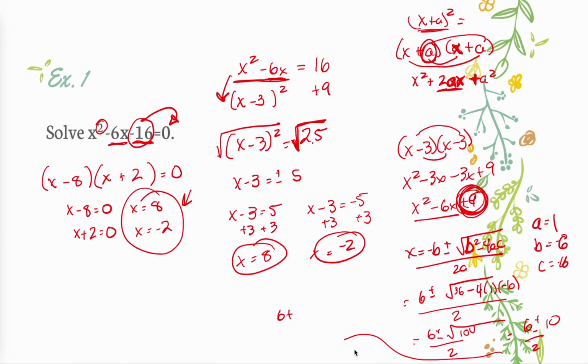And 6 plus 10 over 2 is 8, and 6 minus 10 over 2 is -2. And hey, it's the same two answers that we got the other two times that we did it.